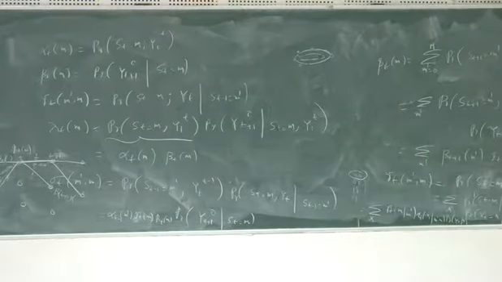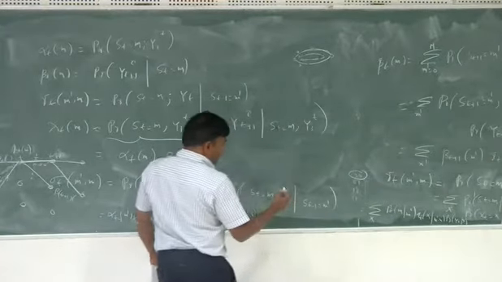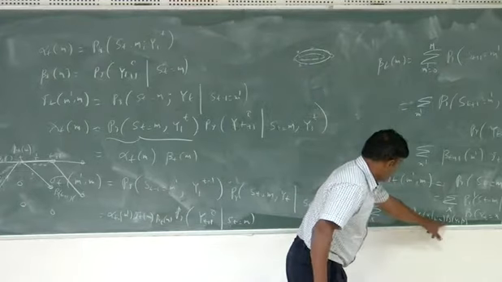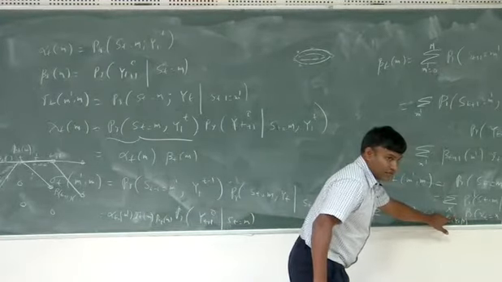In the max-log-MAP, what happens is that whenever you have a sum of exponentials, you can already see that this algorithm is e raised to something, basically an exponential.